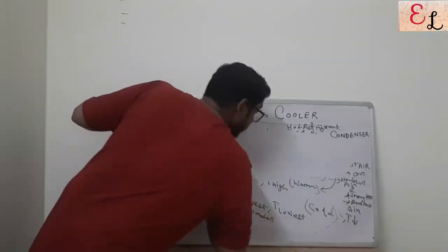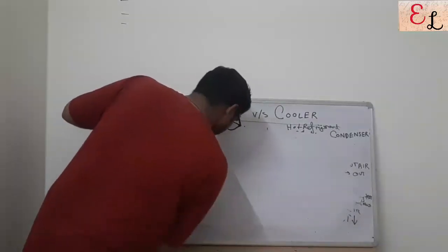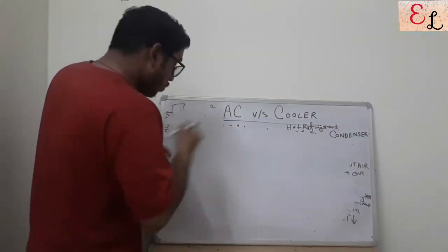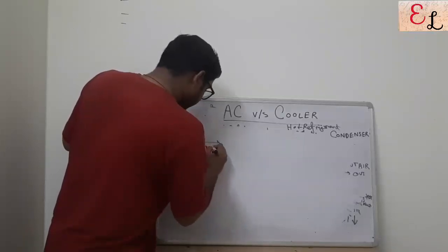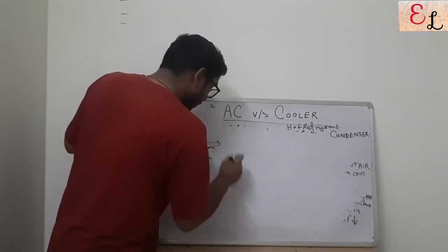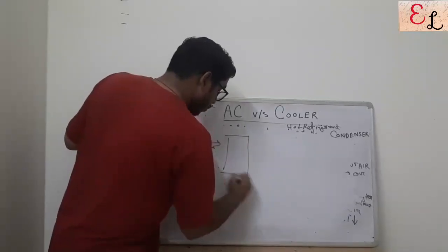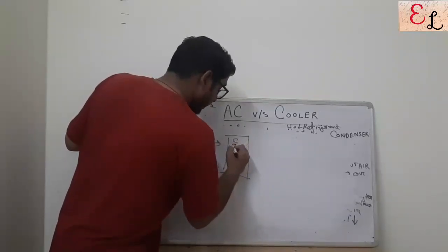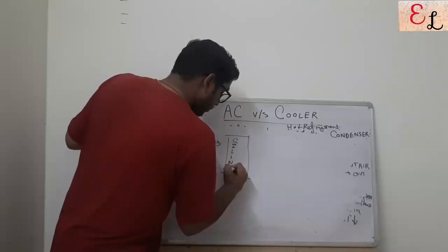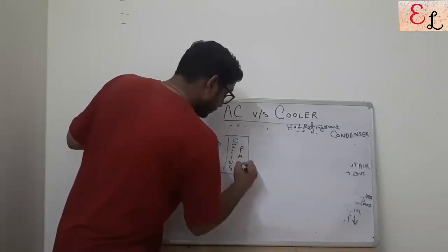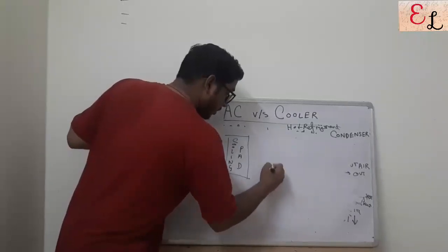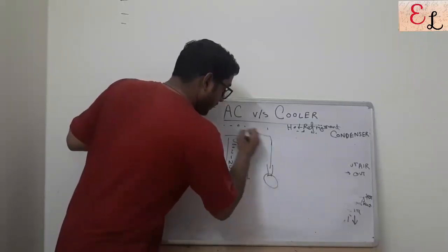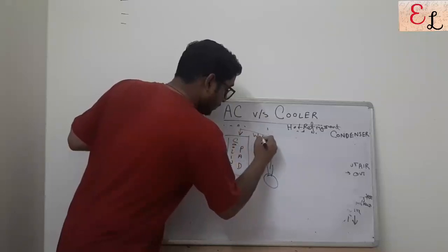Now coming straight away to a much simpler working principle, that of a cooler, a cooling system. This is warm air entering a cooler, and the cooler basically contains a cooling pad and a pump circulating water.